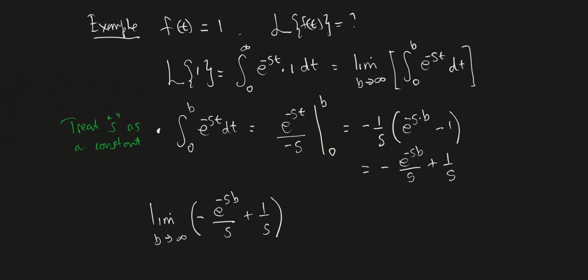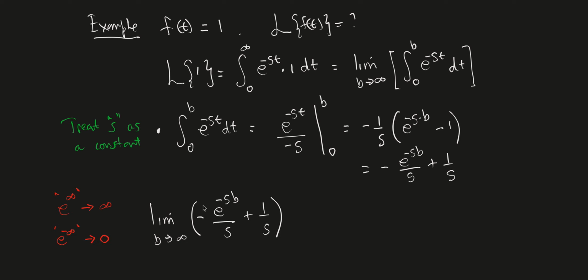In other words, you'd have to have e to a really big positive number. Let me write it over here as a couple of conventions. If you have e to the positive infinity, that goes to infinity, whereas if you have e to the negative infinity, that goes to 0.